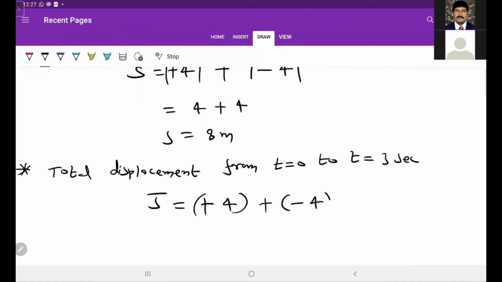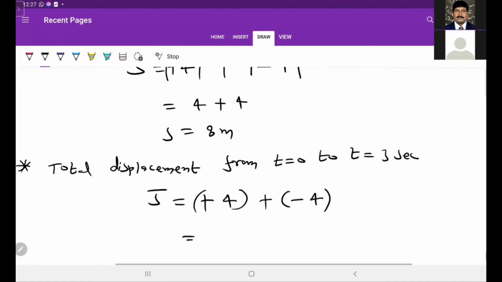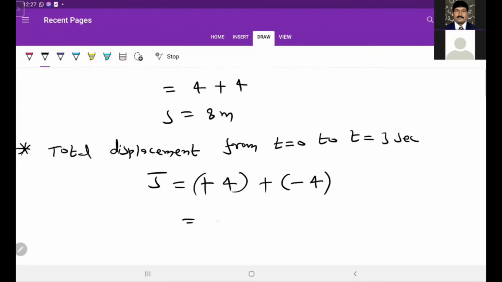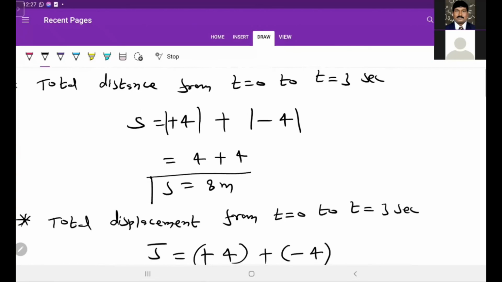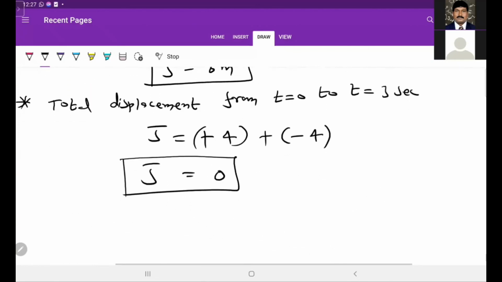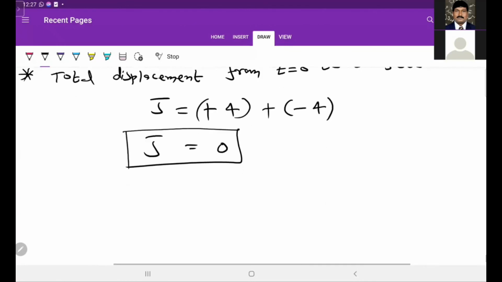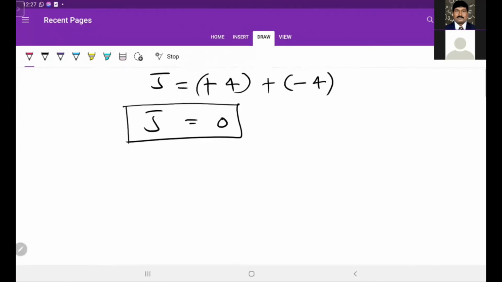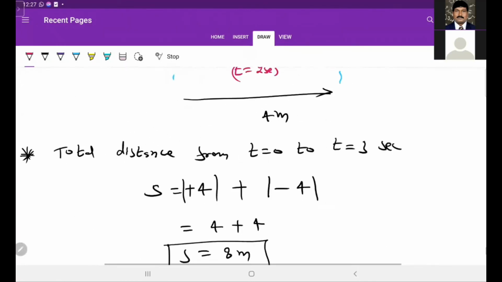So -4. So the minus and plus tell direction. So finally we get 0. So displacement we get 0. So this is the question.